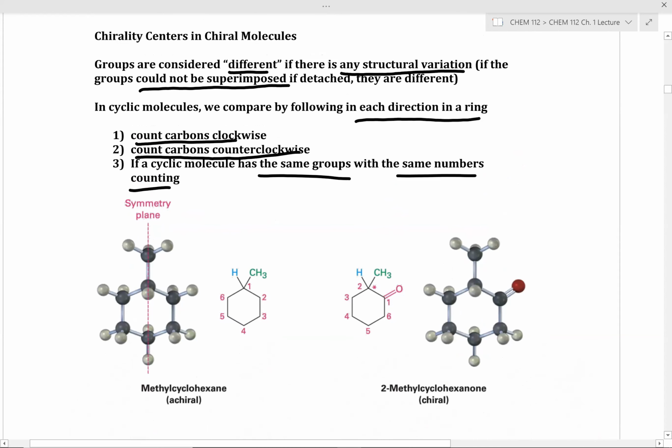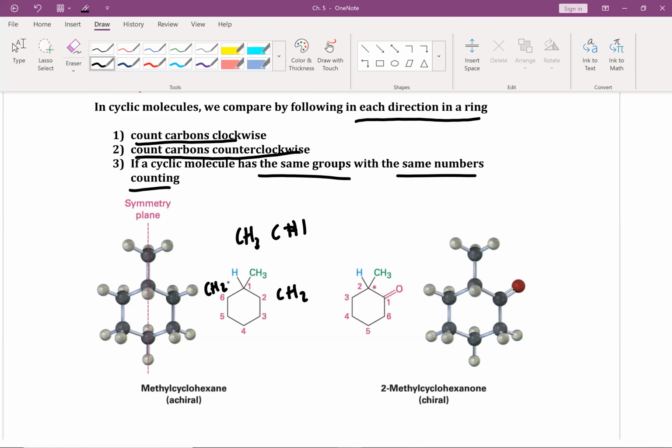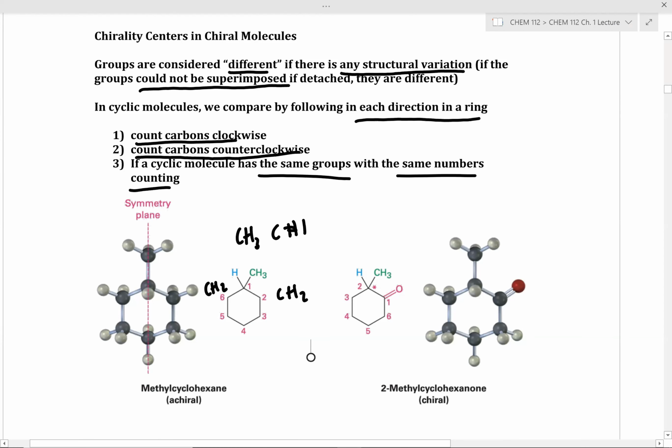So for example, let's take a look at the following methyl cyclohexane system. So counting clockwise, we have 1, 2, 3, 4, 5, 6. So our methyl is at carbon number 1. And at carbon number 2, we have a CH2. At carbon number 6, we have a CH2. Let's now count in the opposite direction. So let's count counterclockwise.